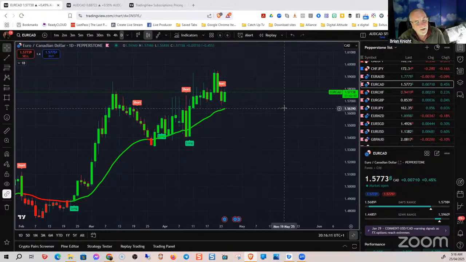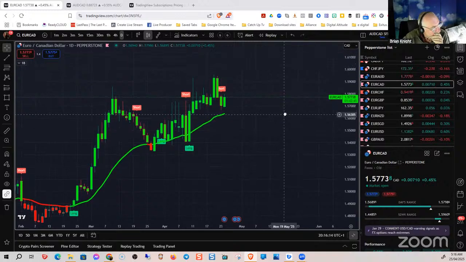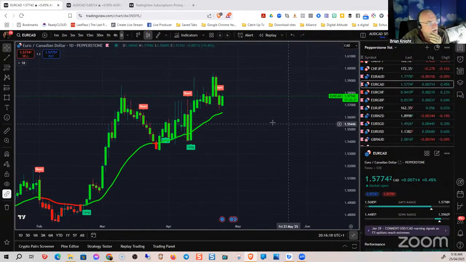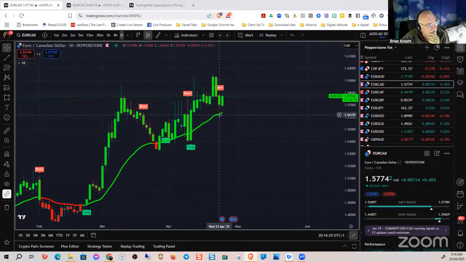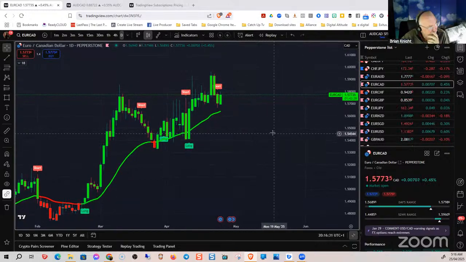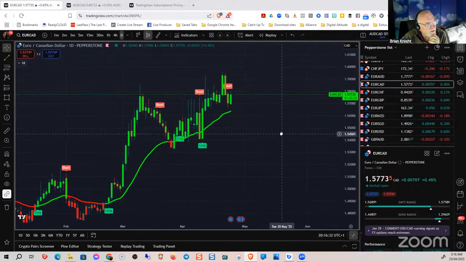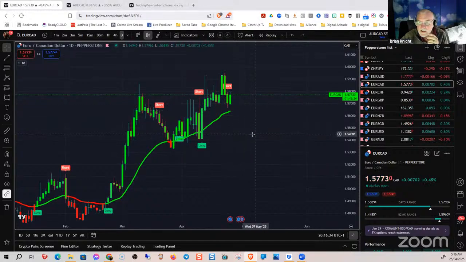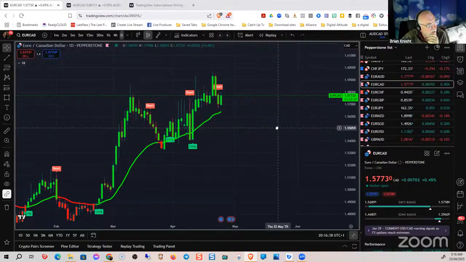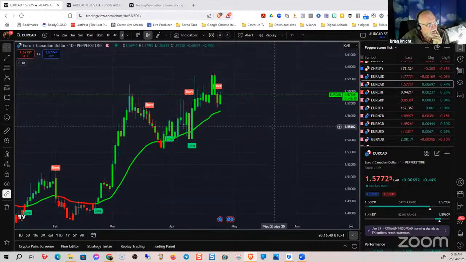Now, the thing about it is, though, we just mechanically need to do this. If we come down and we get a nice size candle breaking the trend bar and going red, we already have a short. So in a way, mechanically, this says you need to get into that sell trade. And that's okay.